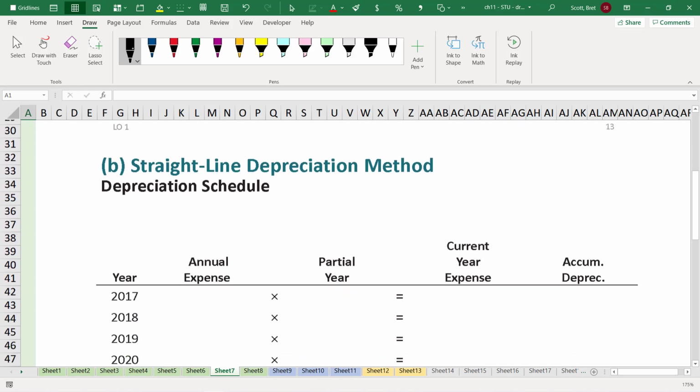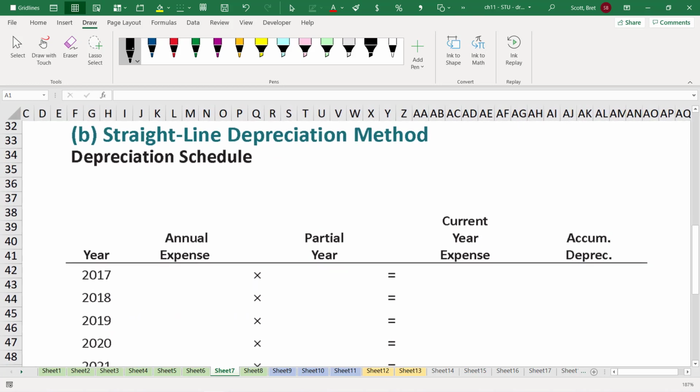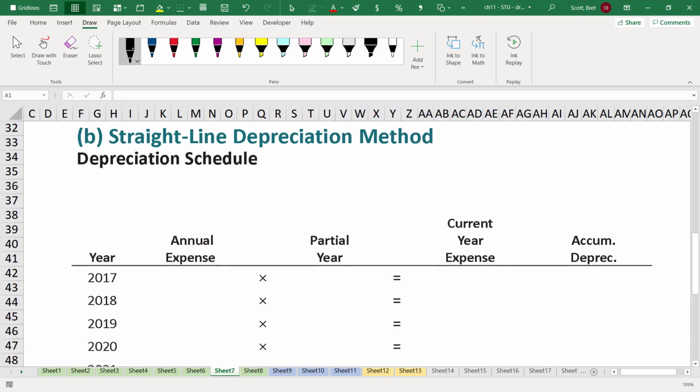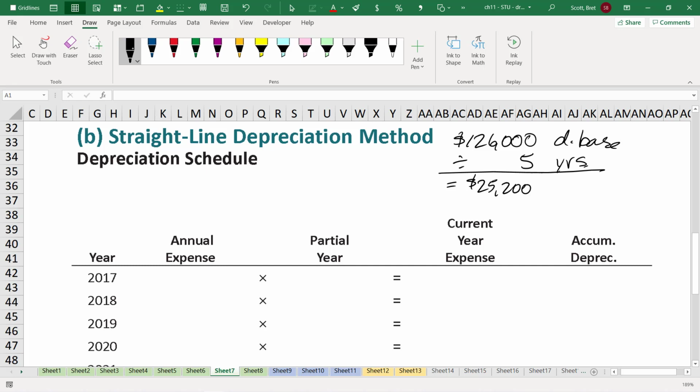Let's move on down below into the straight line method. Straight line method is pretty straightforward. In this case, we know the depreciable base is $126,000. And we're not going to use hours this time. We're going to divide it by number of years. 5 years, useful life. And that gets us $25,200 depreciation expense per year.